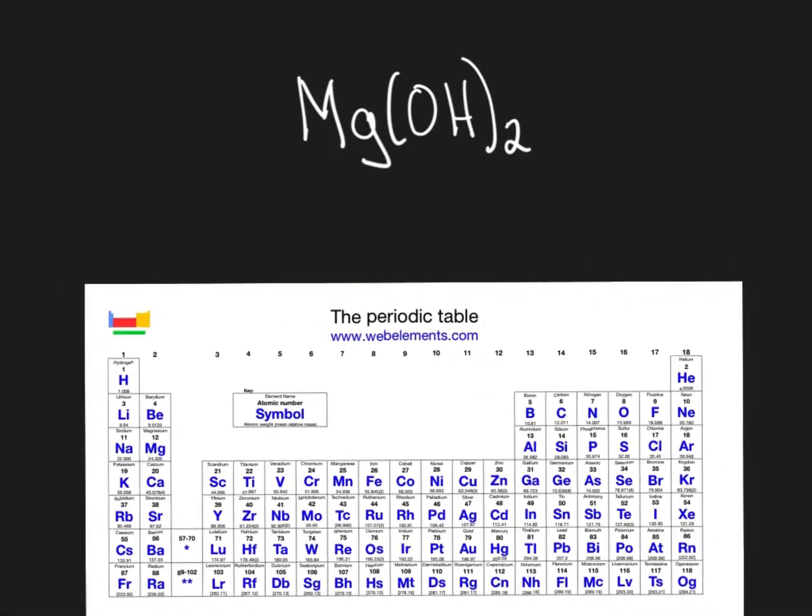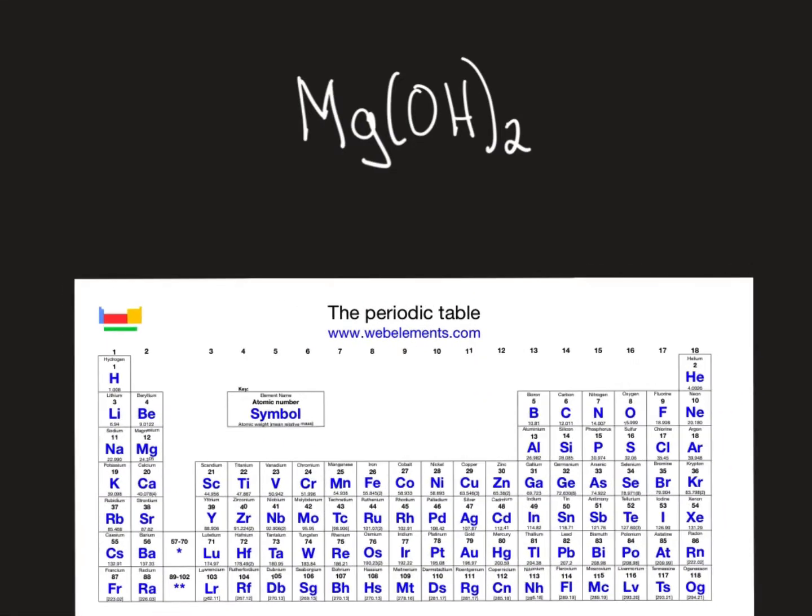So I'm going to use the mass of 24.31. So magnesium, coming from the periodic table, has a mass of 24.31 grams. Now there's only one magnesium, so I'm only going to have to count that one time.